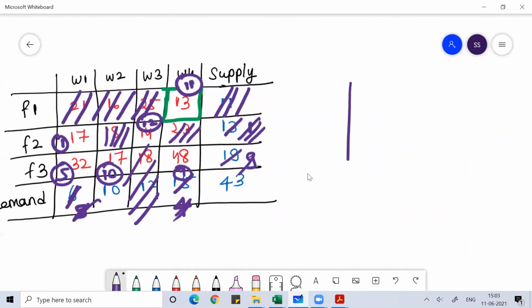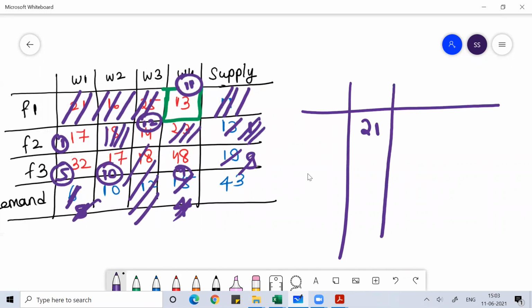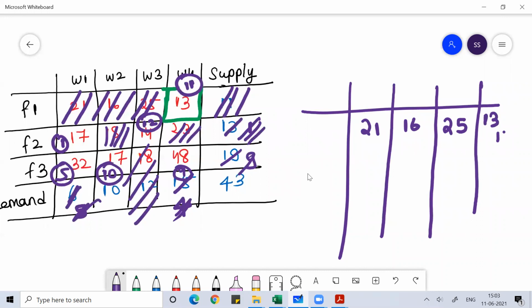If you see this allocation, guys, this is 21, then this is 16, then this is 25, then 13 having an allocation of 11, then 17 is equal to 1.